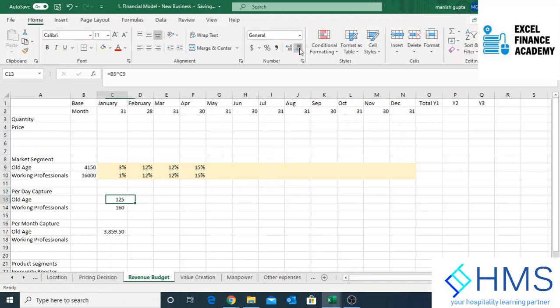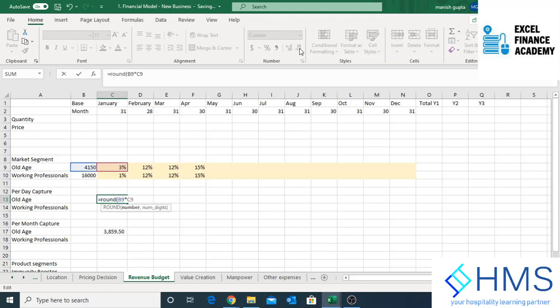Now we can use the formula easily into this. It's coming in round, so we use the round because these are number of people. It cannot be in percentage.